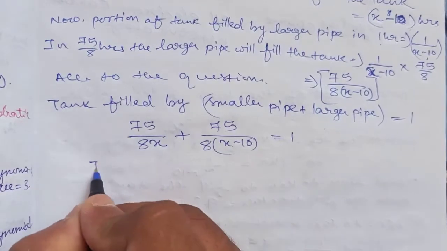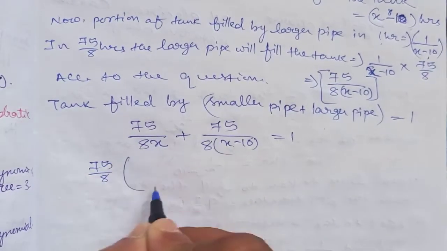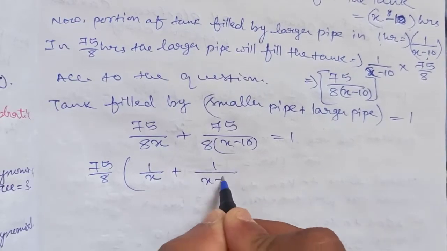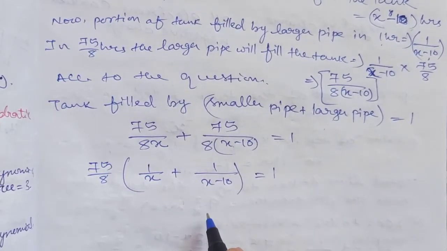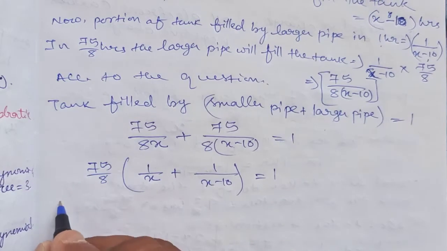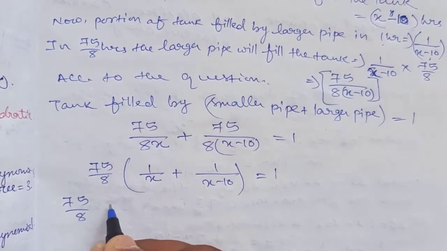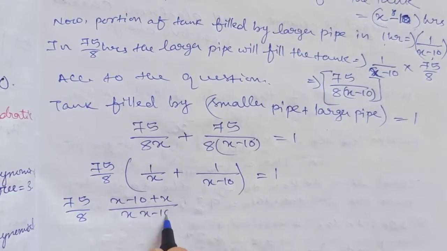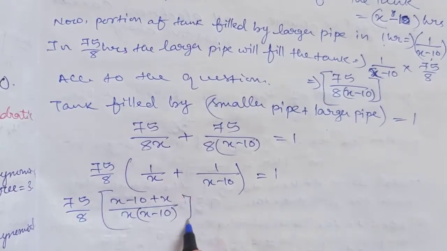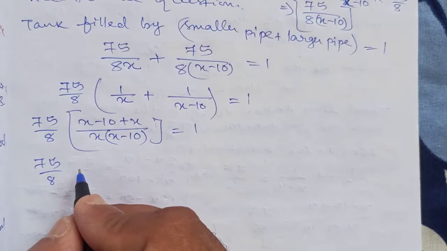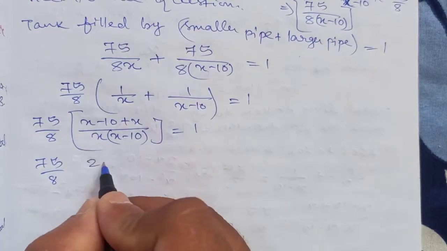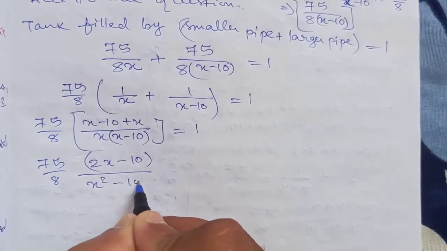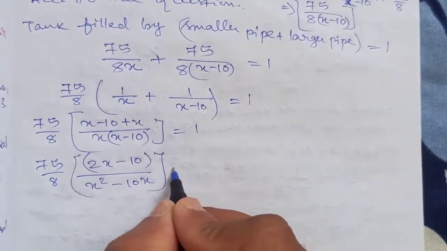Now take out 75 by 8 common, we will get 1 by x plus 1 by x minus 10 equals 1. Cross multiply: 75 by 8, x minus 10 plus x by x into x minus 10 equals 1. 75 by 8, x plus x is 2x minus 10 by x square minus 10x equals 1.